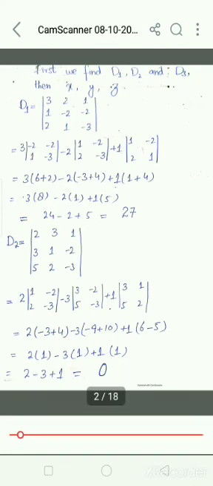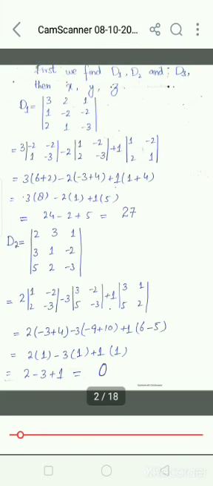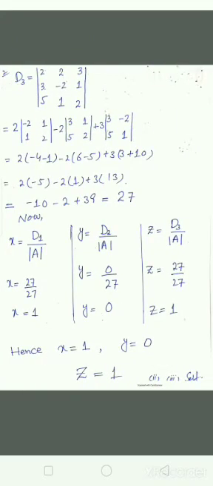Then we place mod on the given matrix, and again by expanding with the first row and following the same steps, we will get this determinant is equal to 0. The value of D2 is equal to 0, and 0 value is accepted in determinants because 0 is a real number.